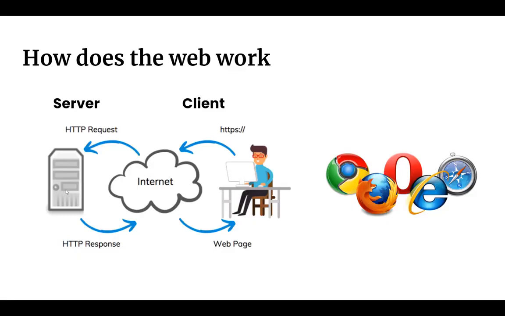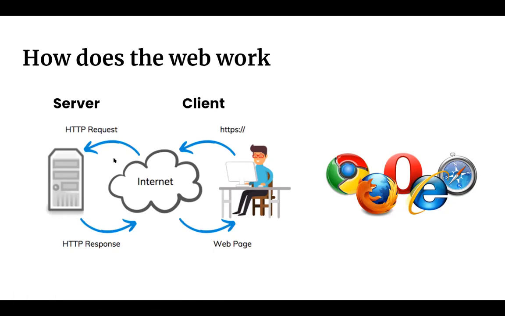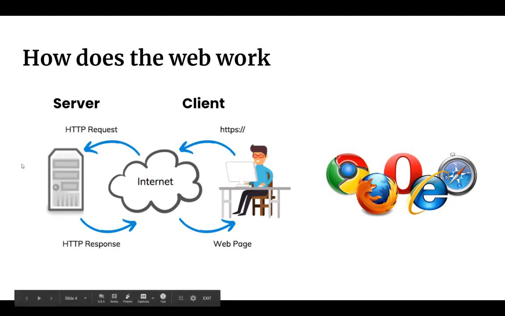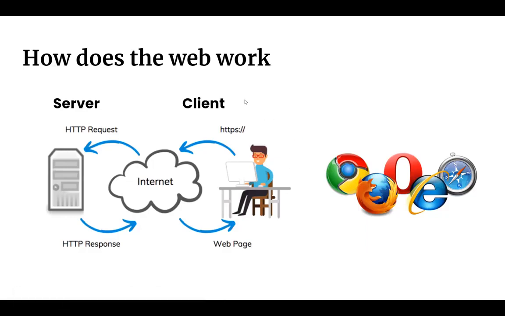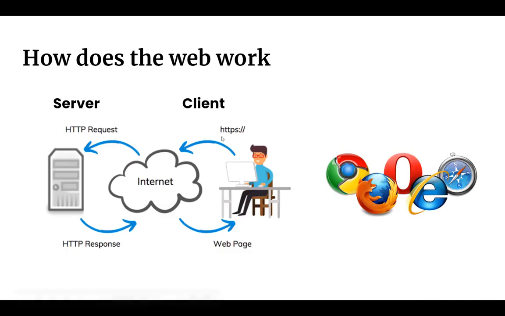So as you can see, we say client. Client actually means the person, and also the browsers are the client, because it's the interface in which the user sees. So this is the client side and the server side. Next time we will also talk about server-side programming and client-side programming. Anything the user can see is the client side, or the front end.